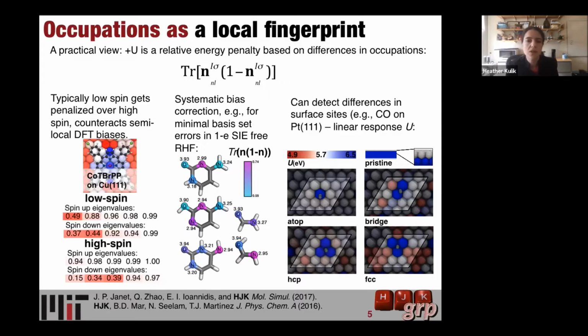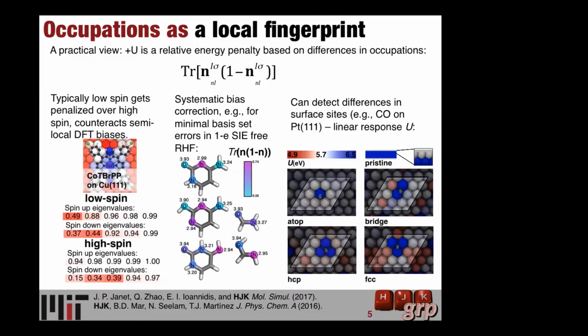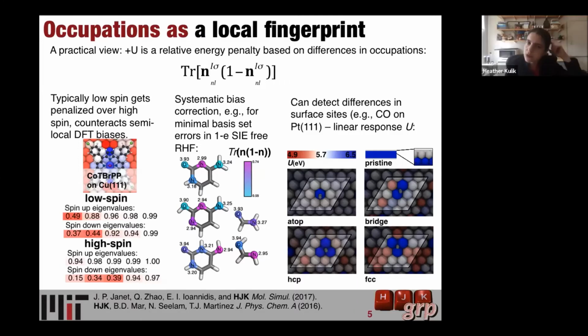Now, challenges for this in surface science, yes? Sorry, are you using different U's for different atoms of the same type? So you can. Here, the one on the right is simply showing linear response U calculations, not which ones are correcting. I will show a surface science application in maybe the next slide, where that might be motivated, but absolutely one could do that.